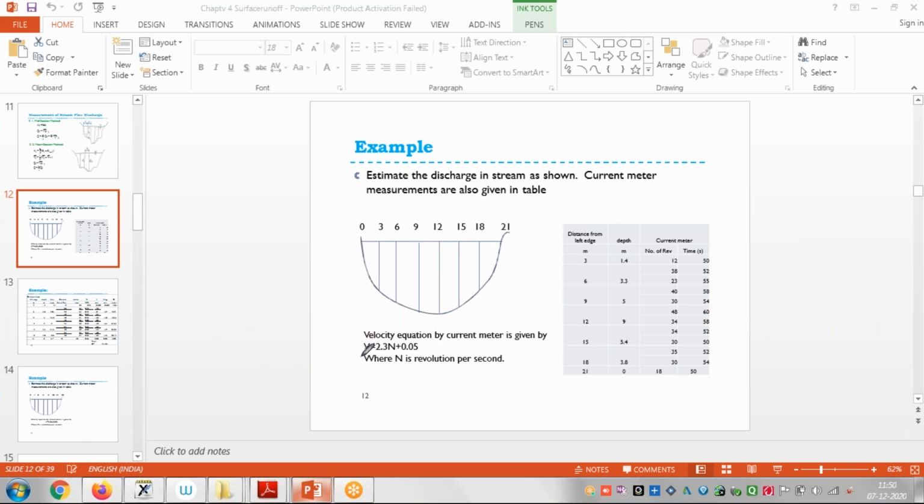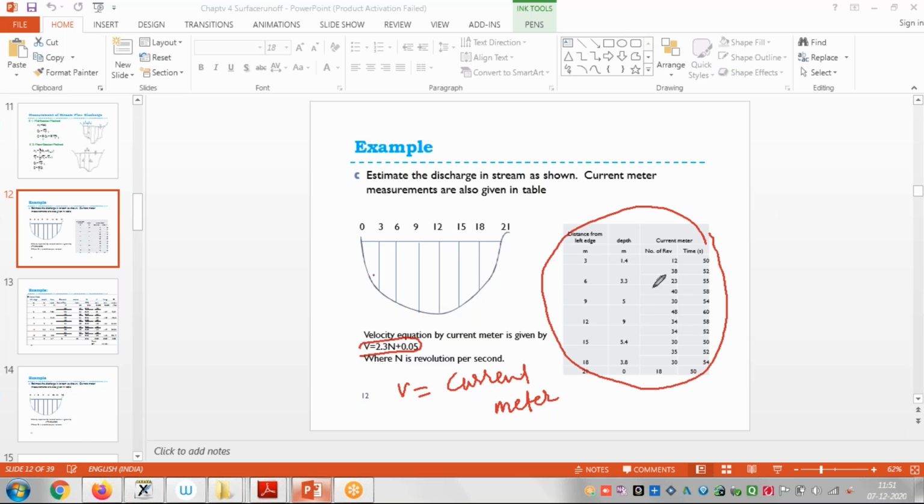So for this, actually, the formula is available for velocity. This velocity is measured through the current meter, right? Through the current meter, the whole data is available from the current meter, right?